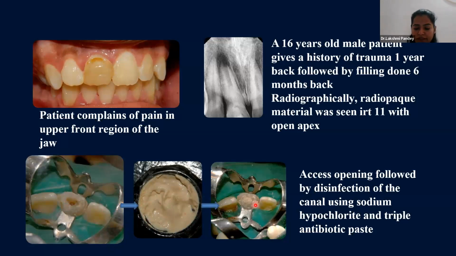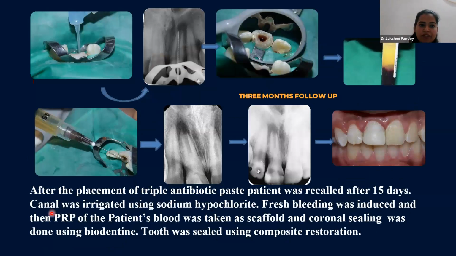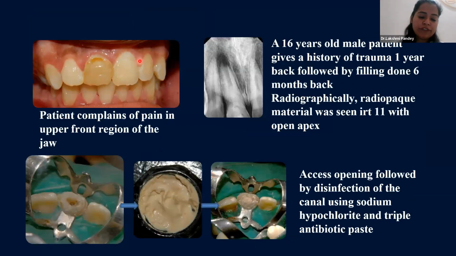After the triple antibiotic paste, the patient was recalled after 1 week. Then I irrigated the canal and working length determination was done. Here, the placement of triple antibiotic paste also becomes very difficult. So what I used in this case was the Lentulo spirals.